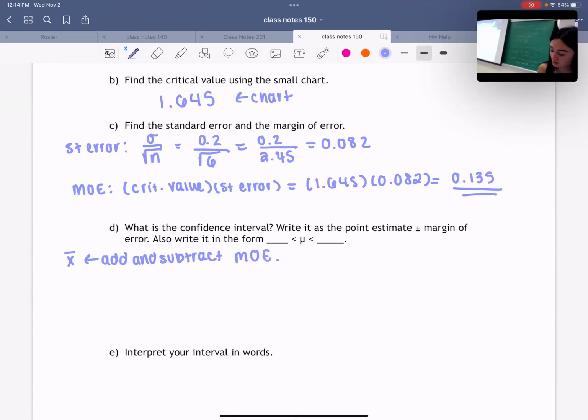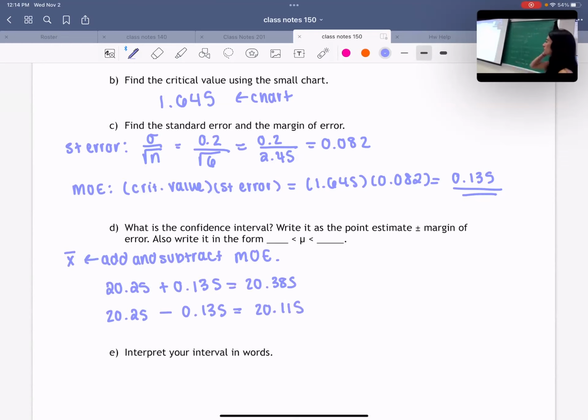So I'm going to take 20.25 and add 0.135 to get 20.385. I'm going to take 20.25 and subtract 0.135, and that gives me 20.115.